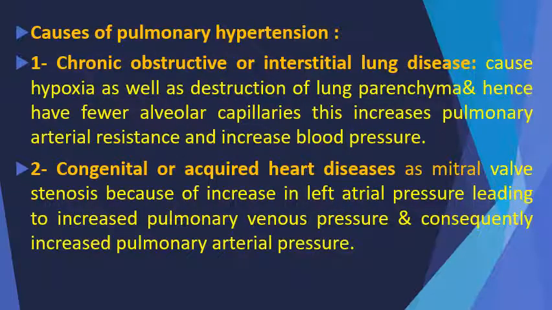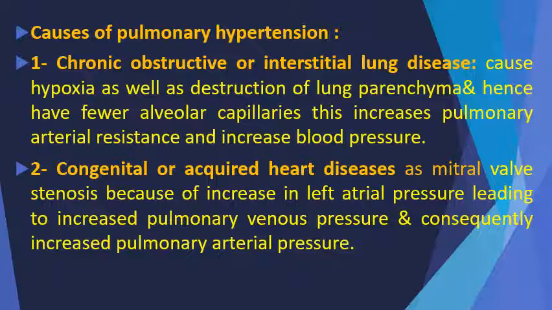Chronic obstructive or interstitial lung disease causes hypoxia, as well as destruction of the lung parenchyma. When there is destruction of the lung parenchyma, as in emphysema, chronic bronchitis, or interstitial lung disease for any cause, the alveolar capillaries become fewer in number.